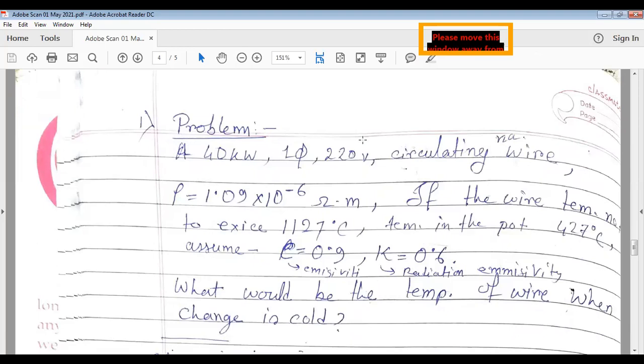Now the problem is: a 40 kilowatt, single phase, 220 volt circulating wire is used. So here P is given.